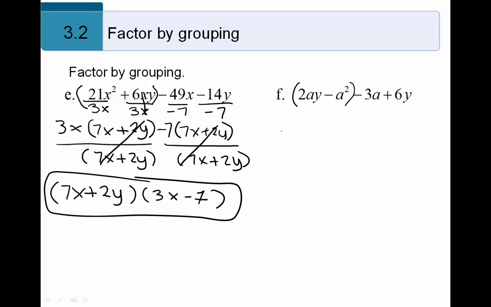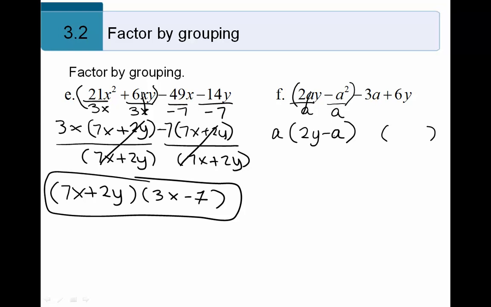looks like I can take an a out of there. I get 2y minus a. Now, this one could be a little tricky because you'll notice that negative 3a is negative and 6y is positive, but in parentheses, you want the y part of your answer to be positive, and you want the a part to be negative.